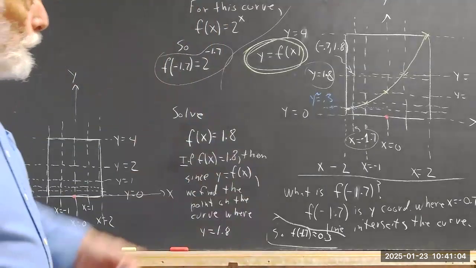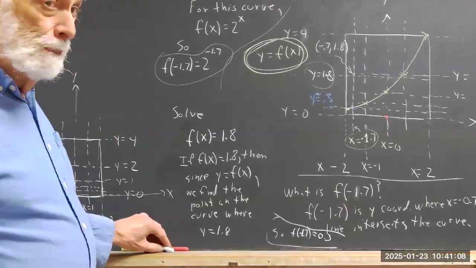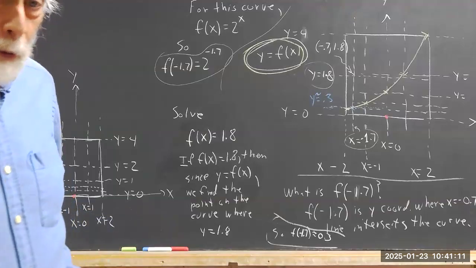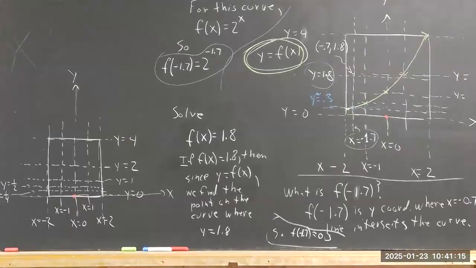So can you locate that point on the curve and estimate its coordinates? You already know the y coordinate, it's 1.8. Where does that line, y equals 1.8, intersect the curve?